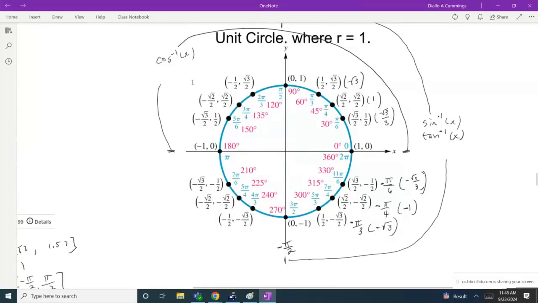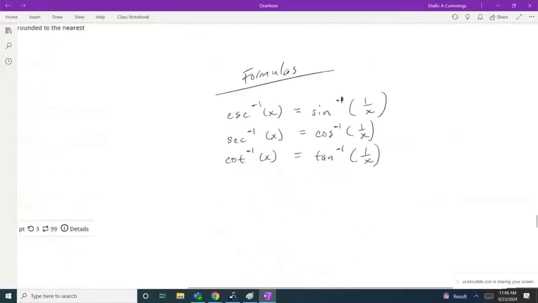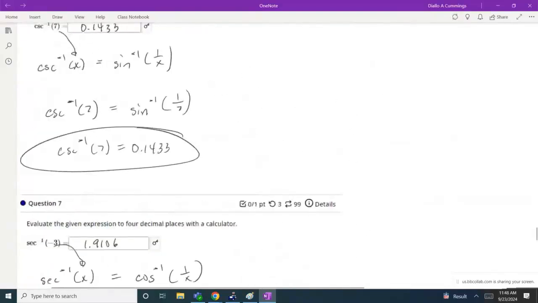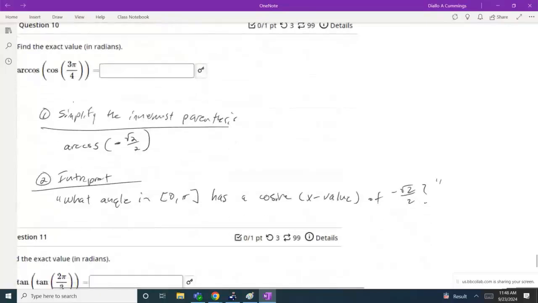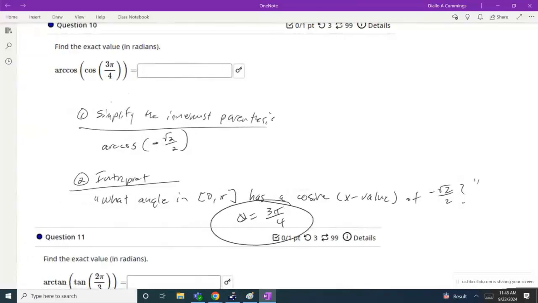If I look at quadrant 2, the angle that has an x value of negative square root of 2 over 2 should be 3 pi over 4. So the solution here should be 3 pi over 4. So you simplify the innermost parentheses first, and then you simplify the outermost function.